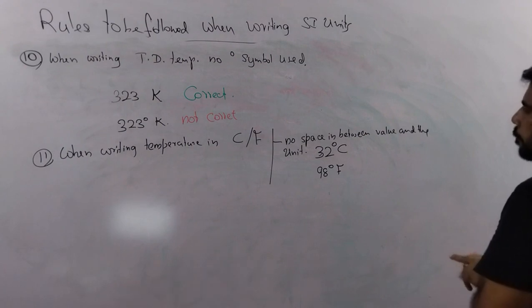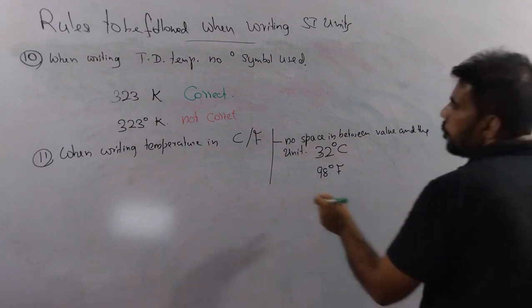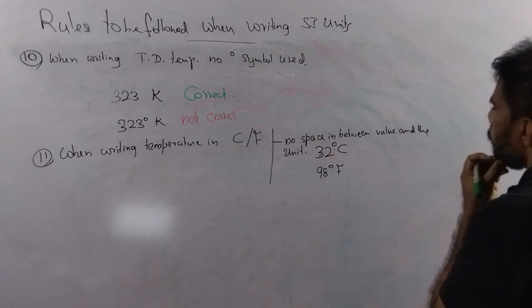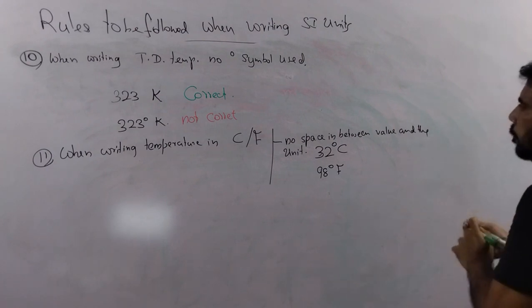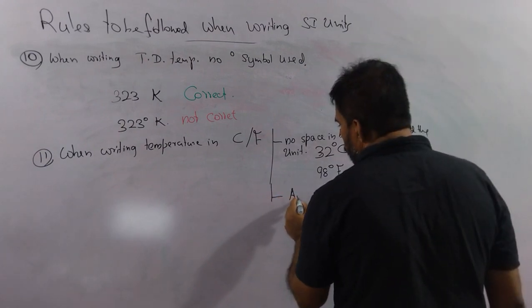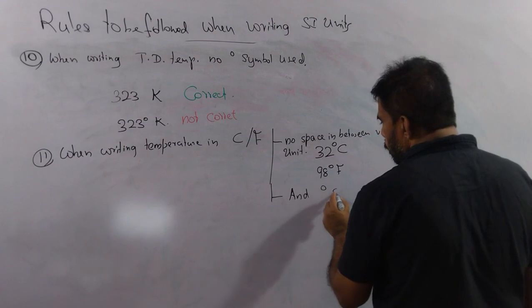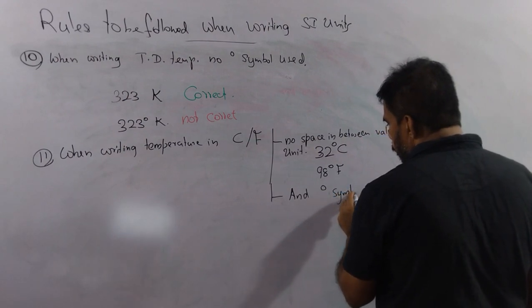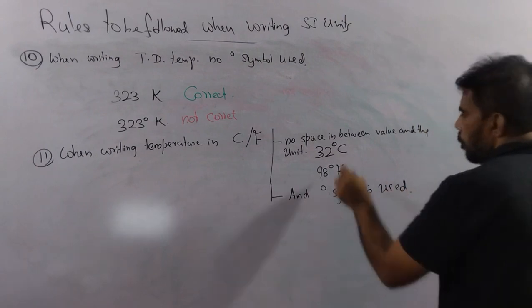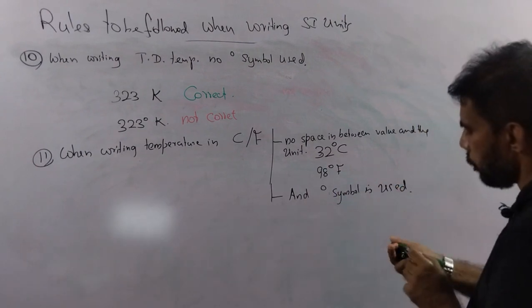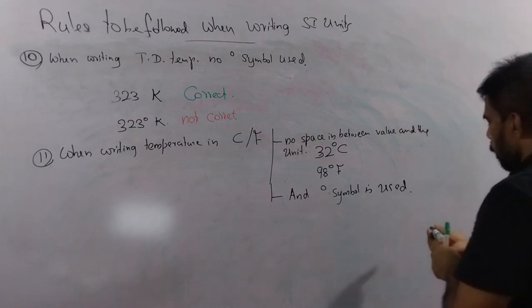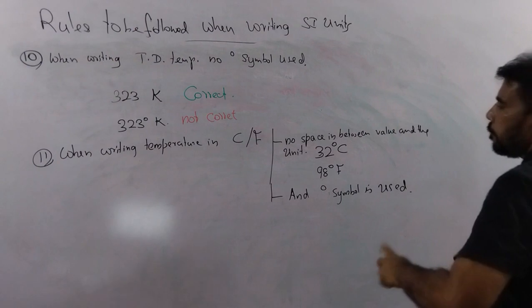Both are correct. So when you are using temperature in Fahrenheit, no space between value and unit is used, and the second thing is the degree symbol is used. So for both the cases I explained in that example, these both are correct.